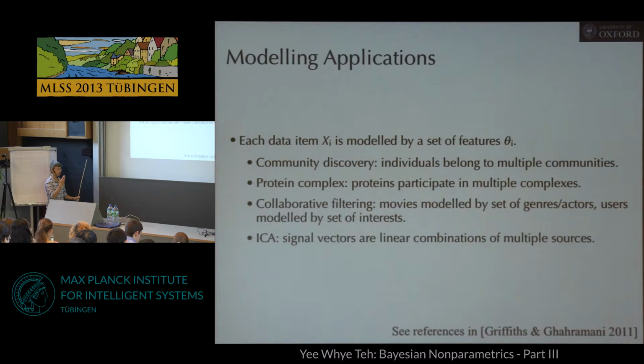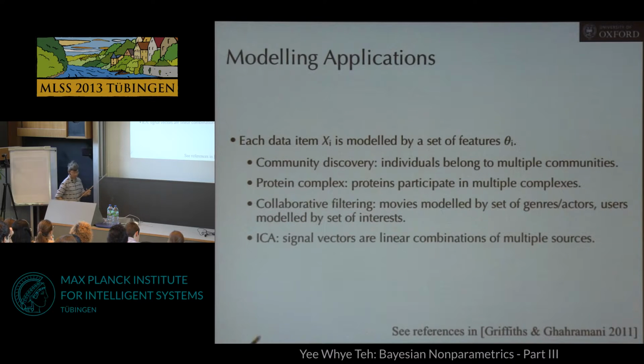Then you're modeling whether a user likes a movie or not based on the intersection between the features that the movie has and the features that the user is interested in. There's actually been lots of applications. You can look at this review article by Griffiths and Ghahramani.